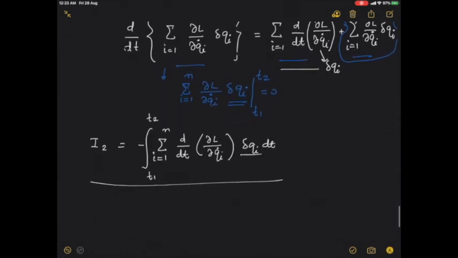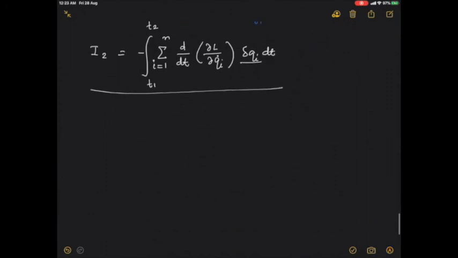and I had an I1. Now I1 has a delta Qi, I2 also has a delta Qi.